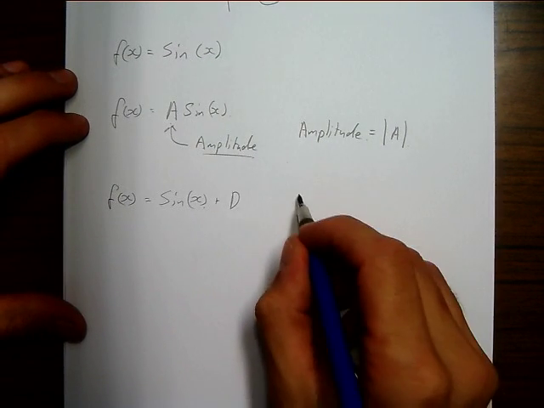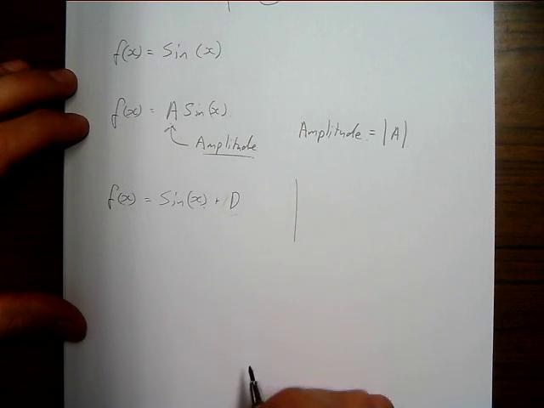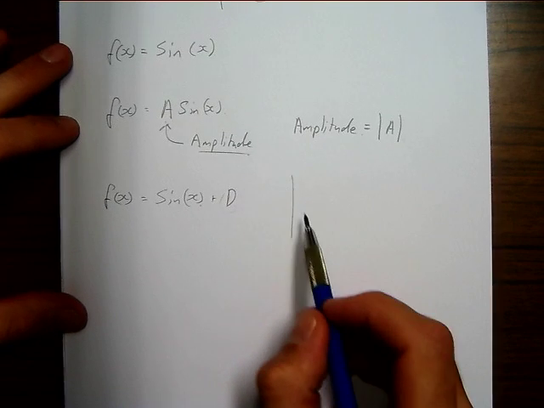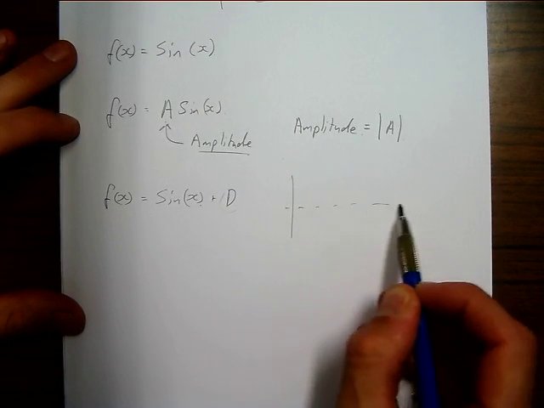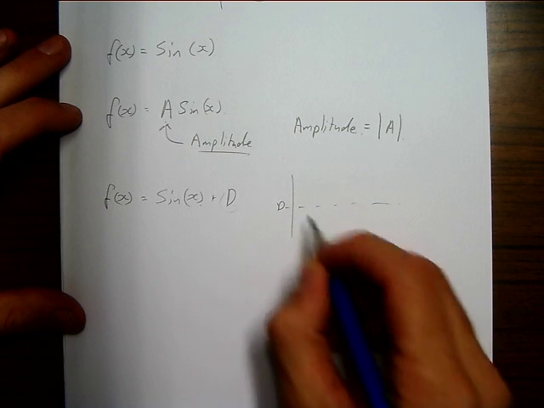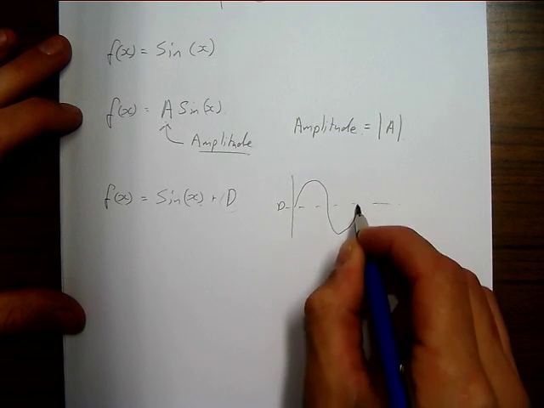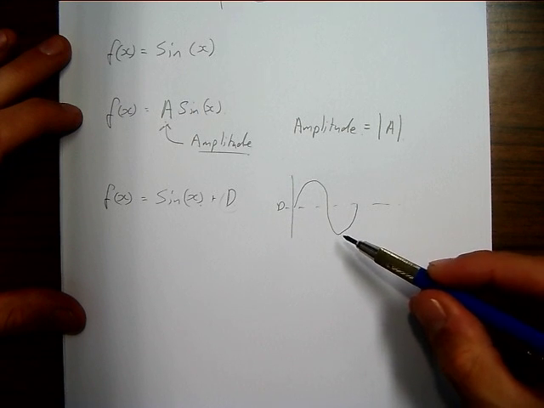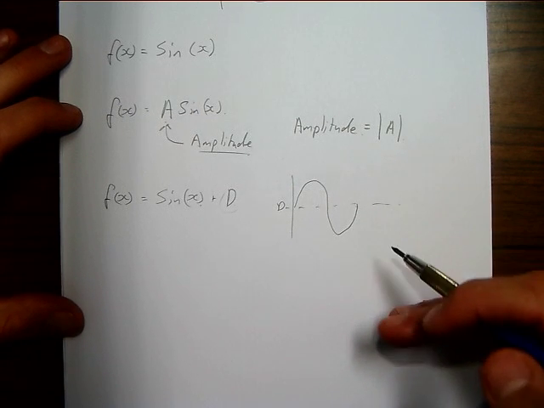So I can shift. This is the vertical shift. When I draw a graph like this, I'm simply going to put a dotted line there where the x-axis would be, and that's actually the d value. So that's my graph there. Okay, so if d is negative 2, it means I've shifted my entire graph down by 2.